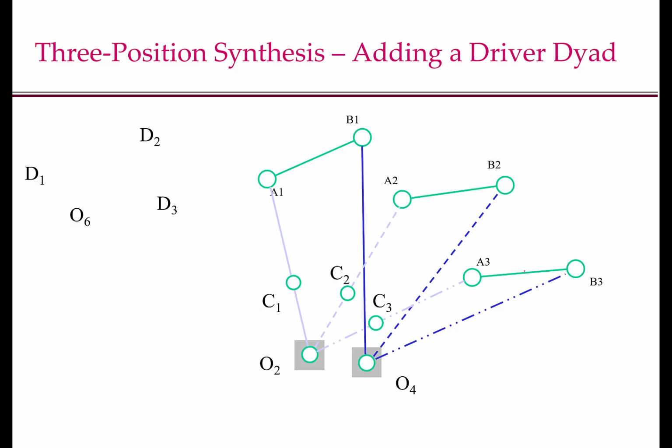Then we will join C1, C3 and extend it. So why do we join C1, C3 and not C2, C3 or C1, C2? It is because the link O2A has to move between O2A1 and O2A3. These are the 2 extreme positions. So we have to connect the 2 extreme positions. O2A2 is an intermediate position, or C2 is an intermediate position.